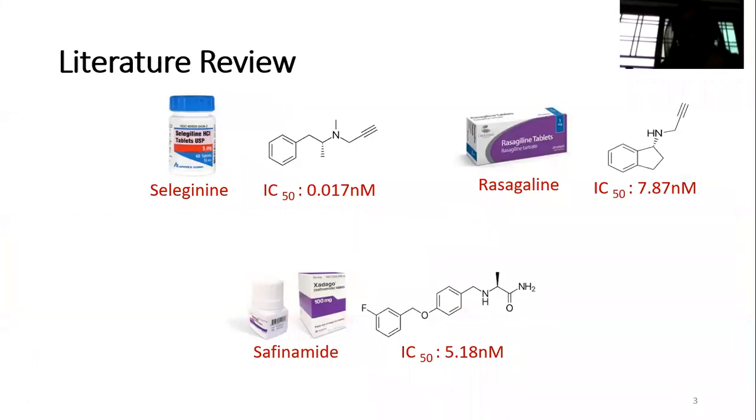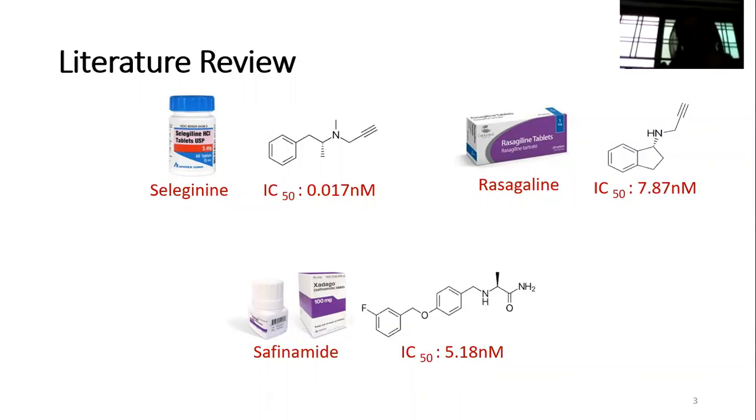So, for the treatment of Parkinson's disease, there should be inhibitors for MAO-B that should be able to inhibit that enzyme so that it cannot produce an increased amount of dopamine. Previously, selegiline and rasagiline have been proposed as MAO-B inhibitors and have been used in the treatment of Parkinson's disease, but they were irreversible.